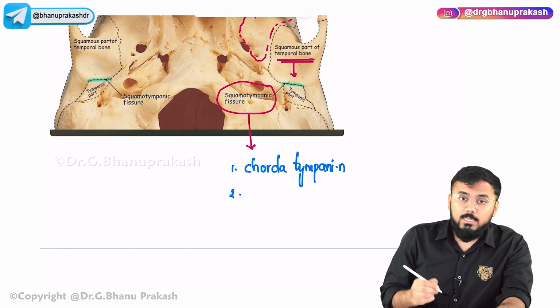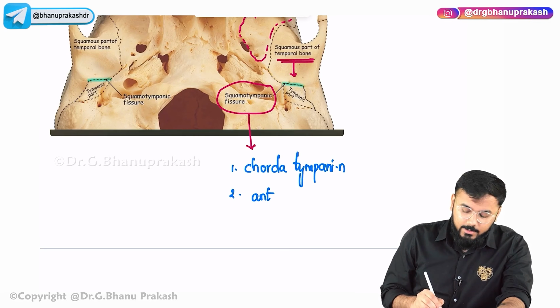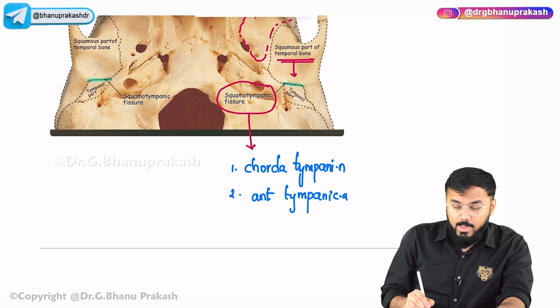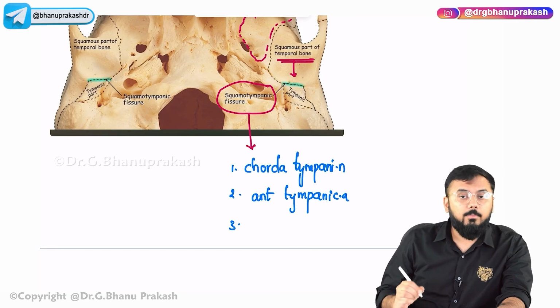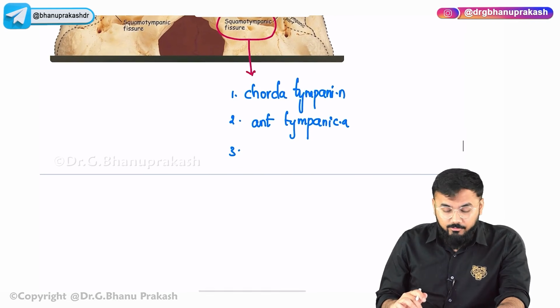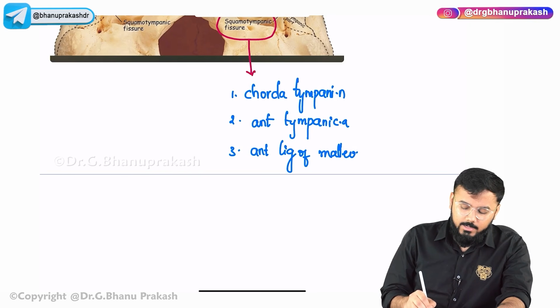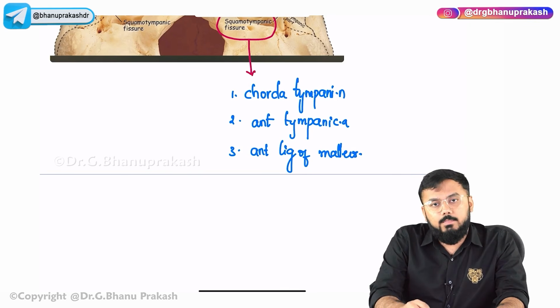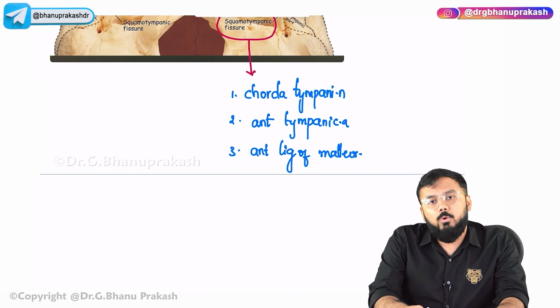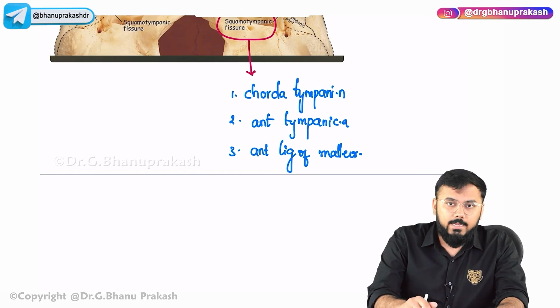Second important thing is anterior tympanic artery. And third important thing is anterior ligament of malleus. So these are the important things that are located within the anterior side.